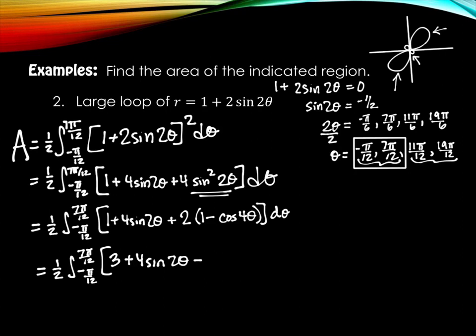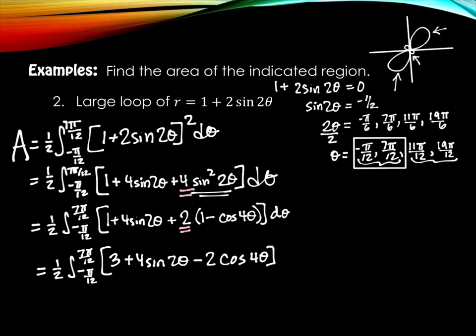And now I have minus 2 cosine of 4 theta. I didn't really mention this very well before, but the reason that this 2 came about is because there's a 4 here, and the power reducing formula has a division by 2, so it changed this into a 2. So that's where that 2 came from.